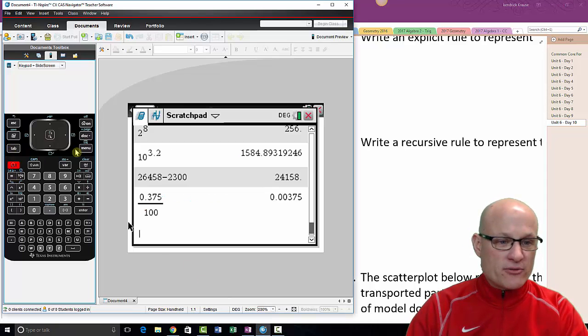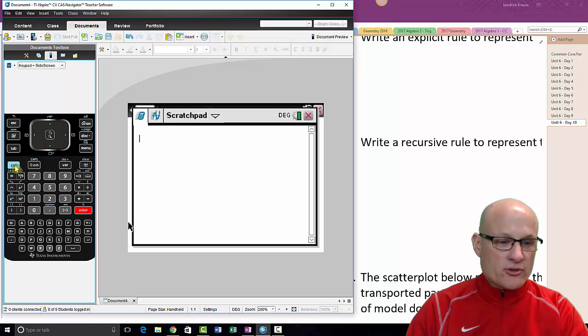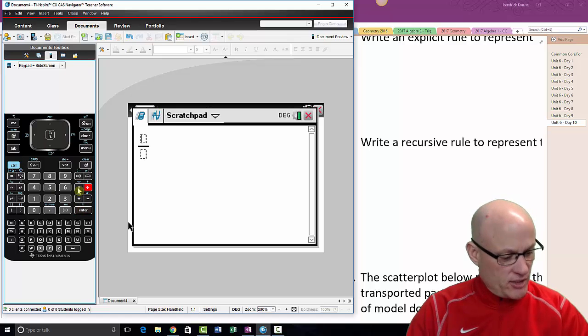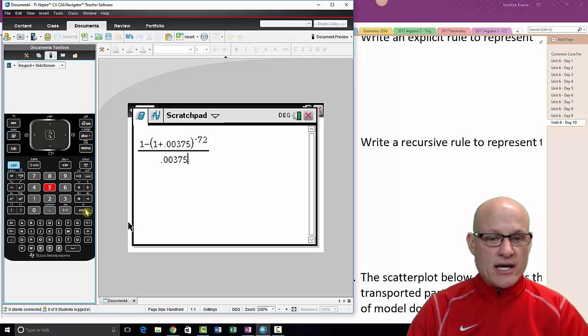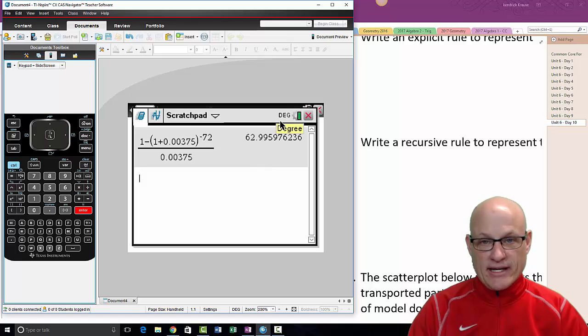Let me get a fresh one. Division, then 1 minus parenthesis 1 plus 0.00375 parenthesis raised to the negative 72, all over 0.00375. Enter. Now that's the number I get.